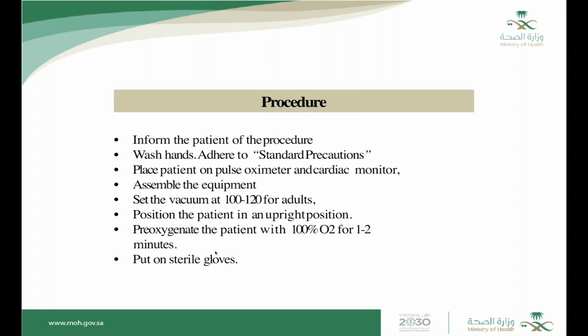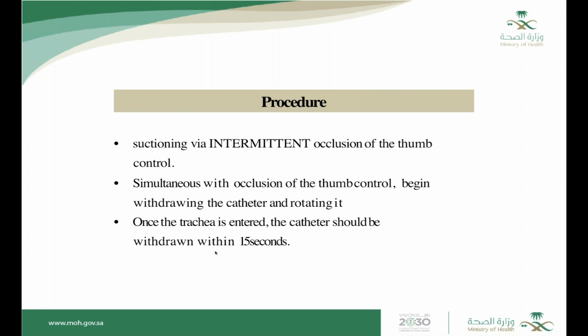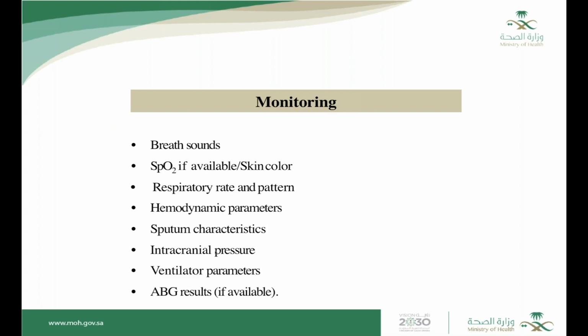Again, this is briefly the procedure, the things that you need to highlight: inform the patient and pre-oxygenate them for 1 to 2 minutes with 100% oxygen, apply intermittent suction during the procedure, and while you are going out, you could rotate. Please don't stay more than 15 seconds.